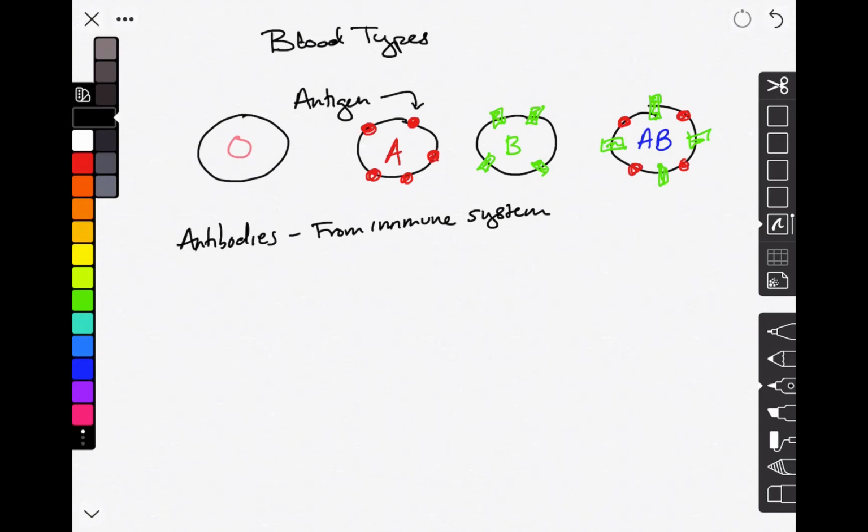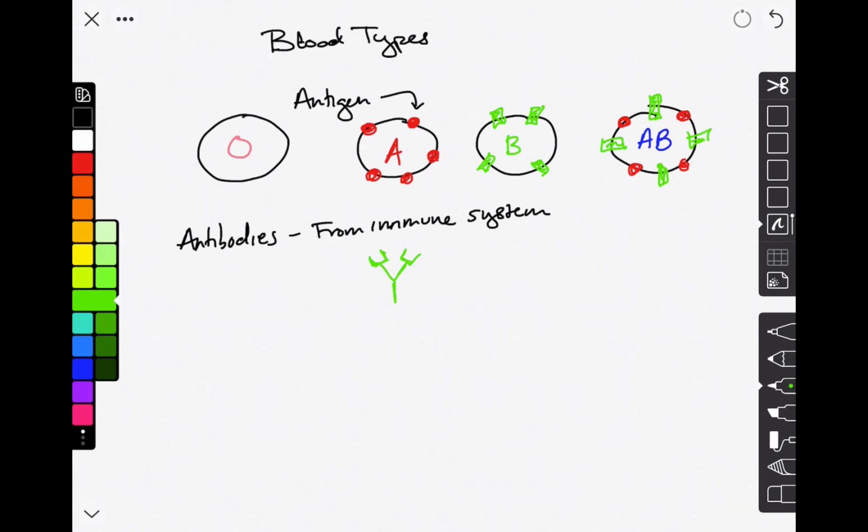And the type of antibodies that you have present actually are in a way influenced by your blood, because what you don't want your antibodies to be doing is recognizing your cells as foreign. So a person with type A blood would have antibodies against type B.